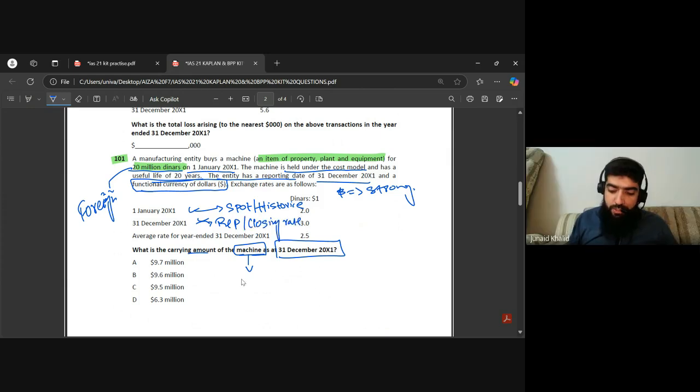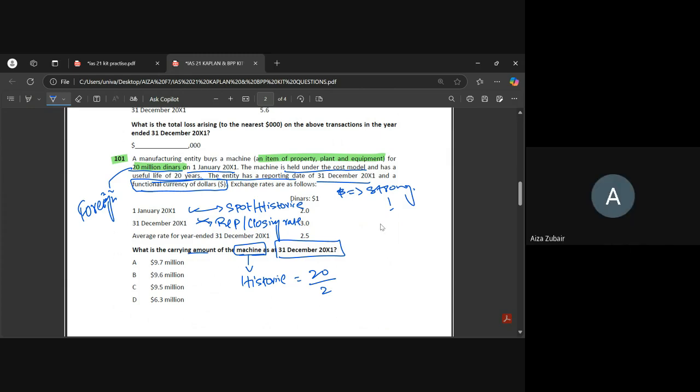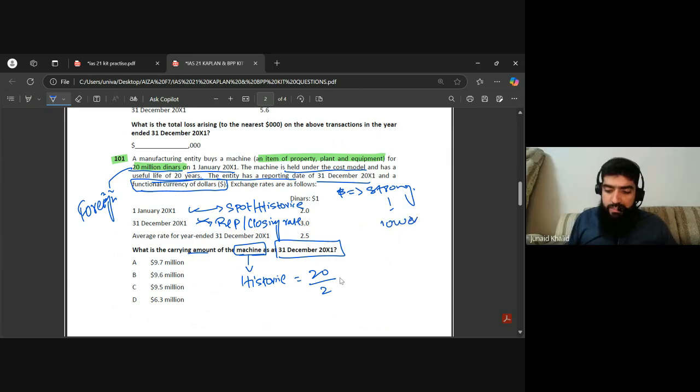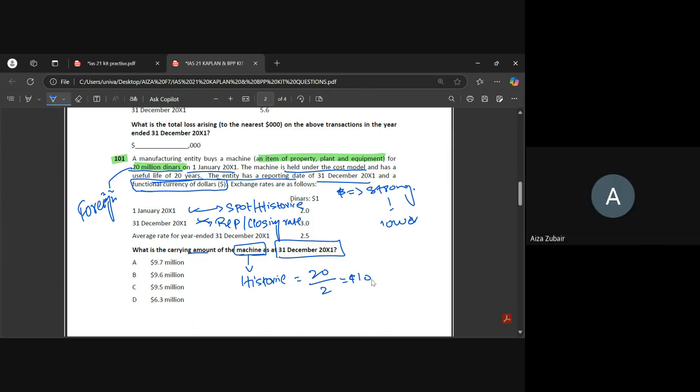So machine will be measured at its historic rate, and we take 20 million dinars and we are going to divide it. Why? Because the dollar is strong, and the converted amount should be lower, right? Yes. So once we divide, it will bring $10 million, right? Yes. So it's $10 million.